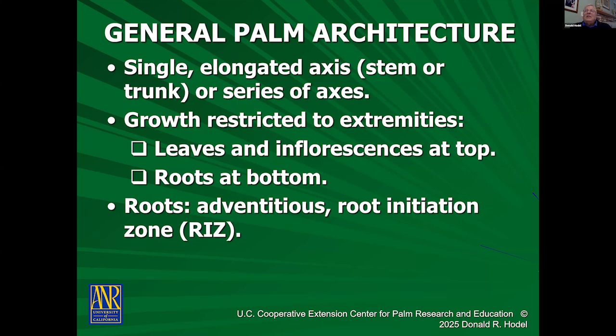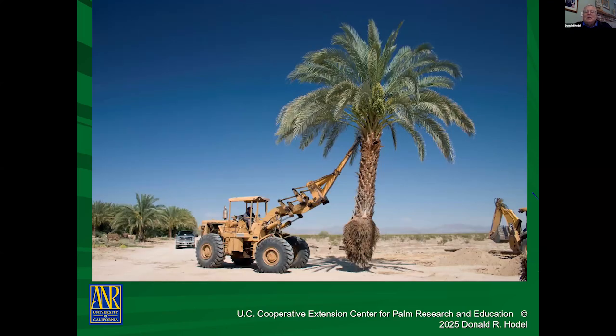And there's very little else going on along that trunk once it elongates vertically, because all the growth is at the top or the bottom. The roots are adventitious. Again, they're coming from the root initiation zone near ground level or the base of the trunk. So here's a Phoenix dactylifera. This is the Halawi variety or cultivar, and it shows pretty well in all its unabashed glory the various parts of the palm.